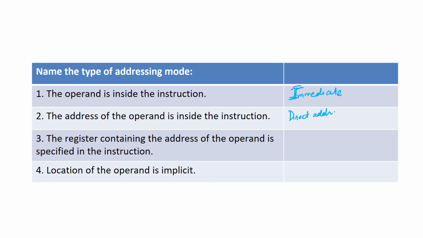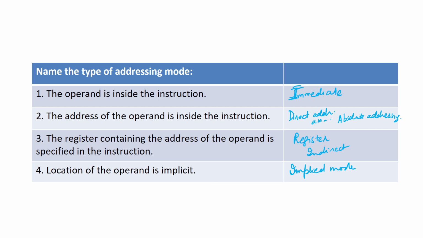Direct addressing is also known as absolute addressing. The register containing the address of the operand is specified in the instruction. This is known as register indirect mode. Location of the operand is implicit. This is implied mode.